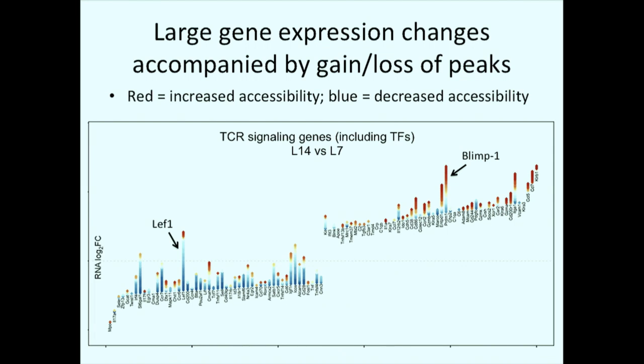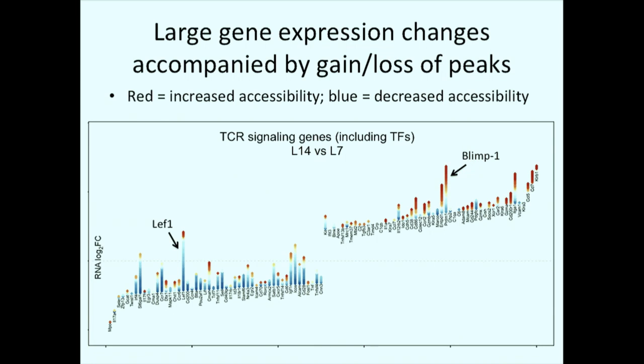I'm just ordering them along the x-axis. The y-axis tells me the log fold change. I don't have the scale, but these are pretty robust fold changes. Above each point, I have a stack of diamonds, and every diamond represents a chromatin accessible site.